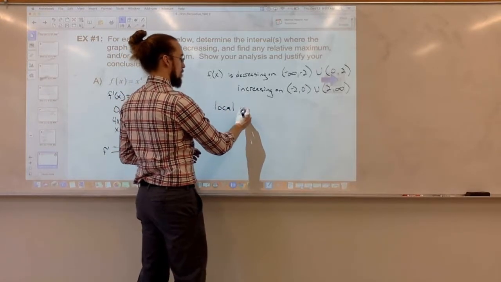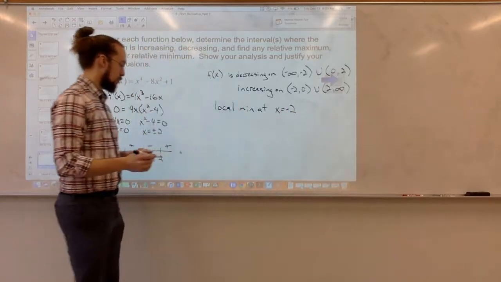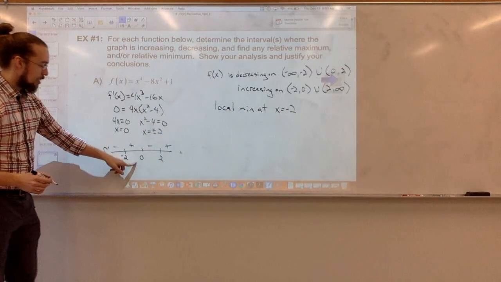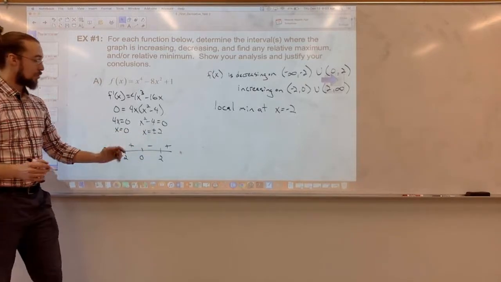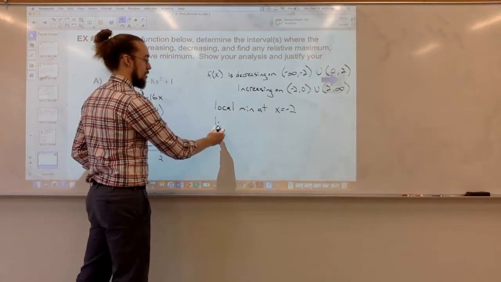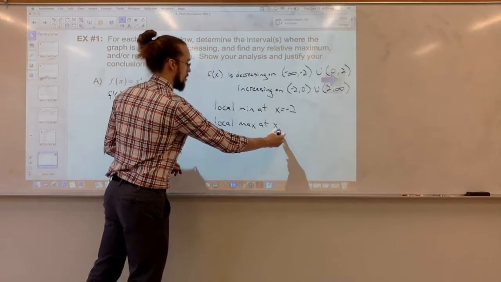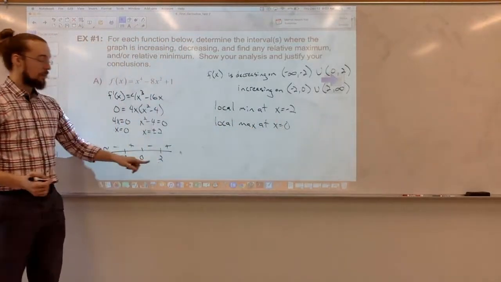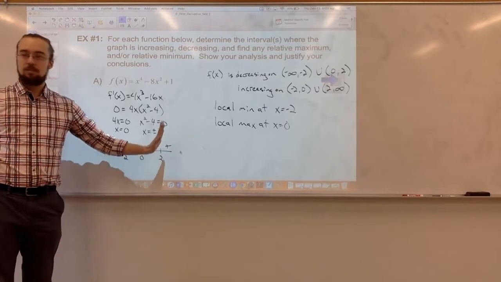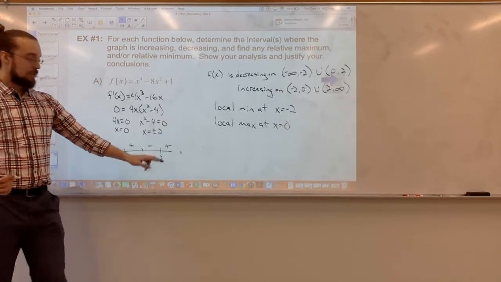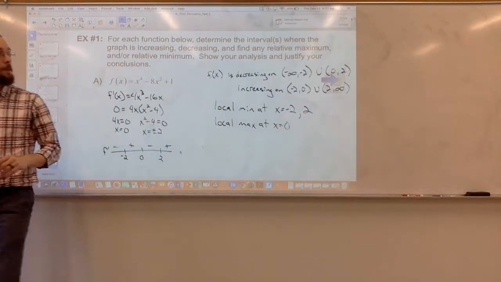So I can say local min at x equals -2. Then at 0, I change from increasing to decreasing. So at 0, I would have a local max. And then at 2, I change from decreasing to increasing. So at 2, I also have a local min.